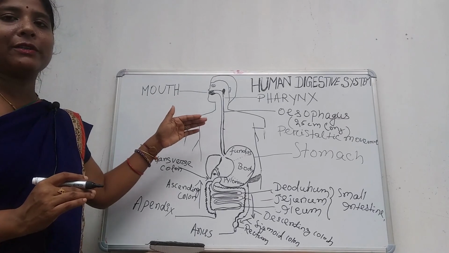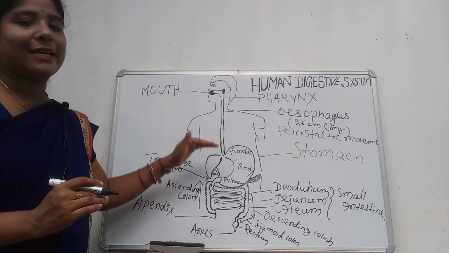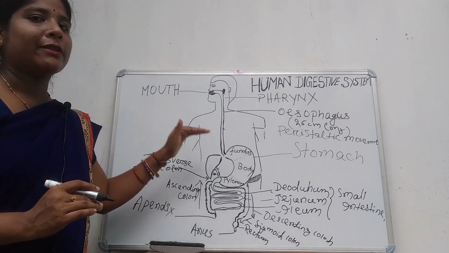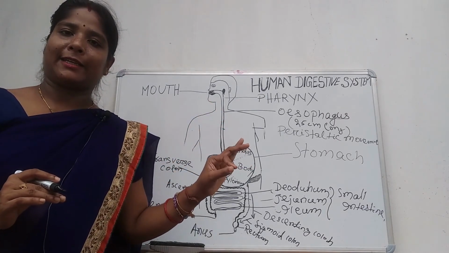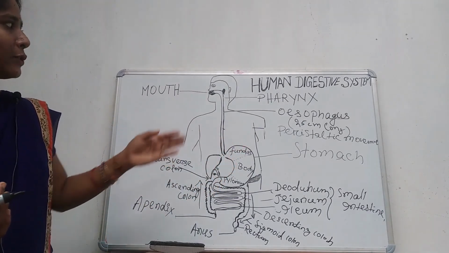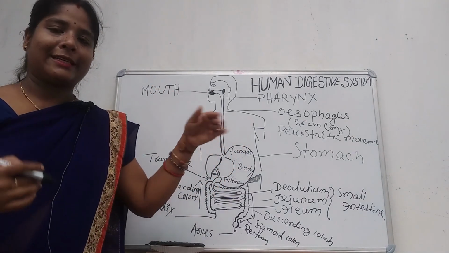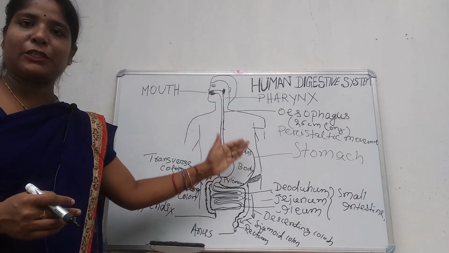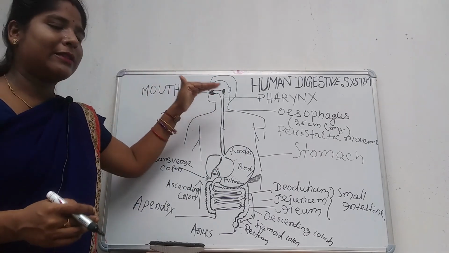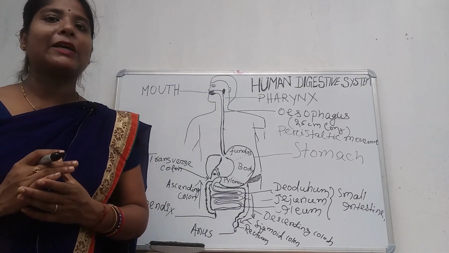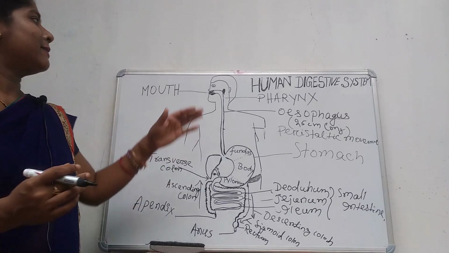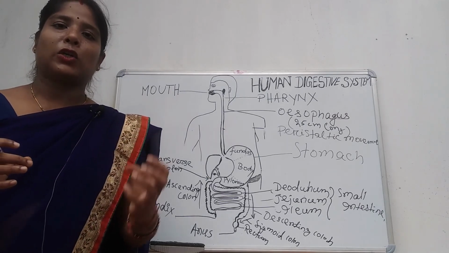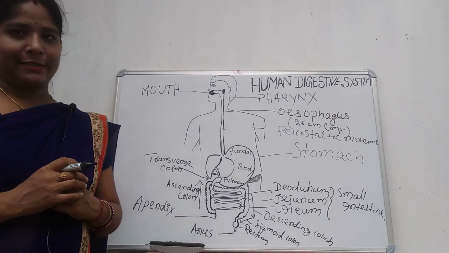So my dear students, we discussed the different parts of the digestive system, or human alimentary canal, or the gastrointestinal tract. Let us revise once more. The starting point of the digestive system is the mouth. The mouth has a buccal cavity, and it has the teeth, tongue and salivary glands.